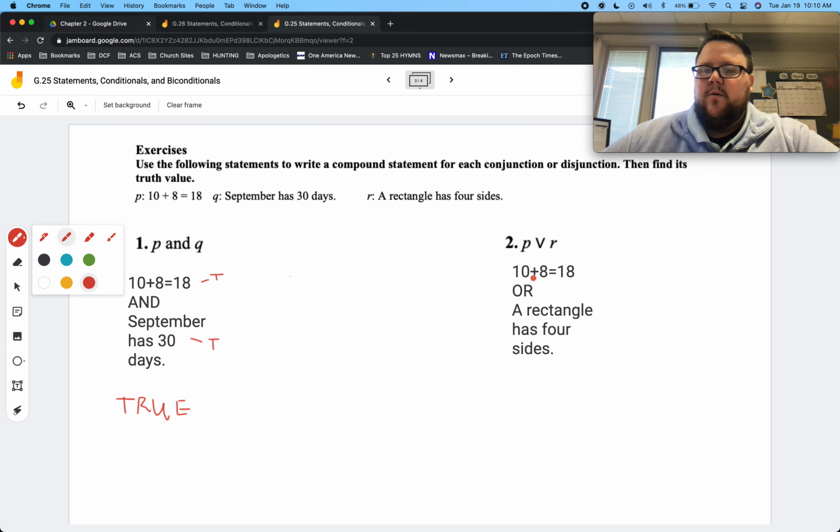So 10 plus 8 equals 18, that is true. A rectangle has 4 sides. That is also true. So at least one of them has to be true for an or statement to be true. Both of them are true in this case, so the answer is true.